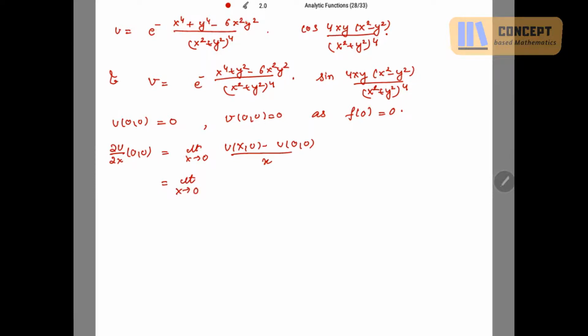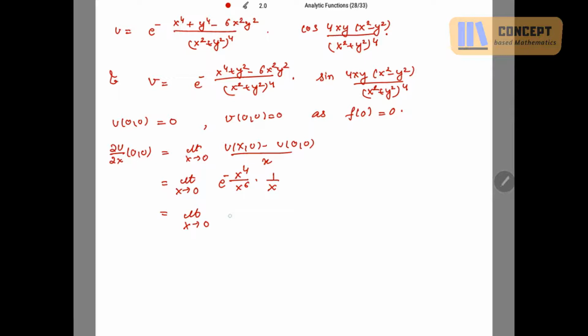Here, put the y coordinate as 0. You will be getting e raised to the power minus x raised to the power 4 over x raised to the power 6, and y here becomes 0, so cos 0 is 1. Sorry, divide by x raised to the power 6, divide by x also, 1 over x.